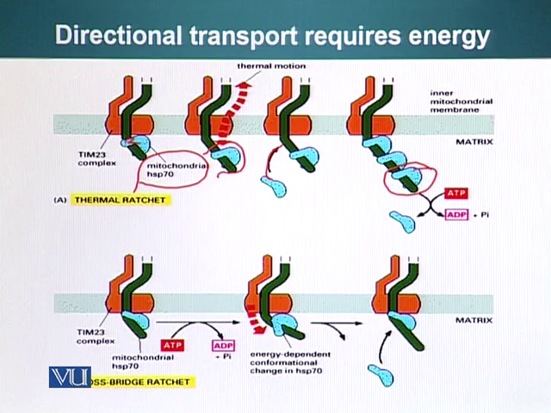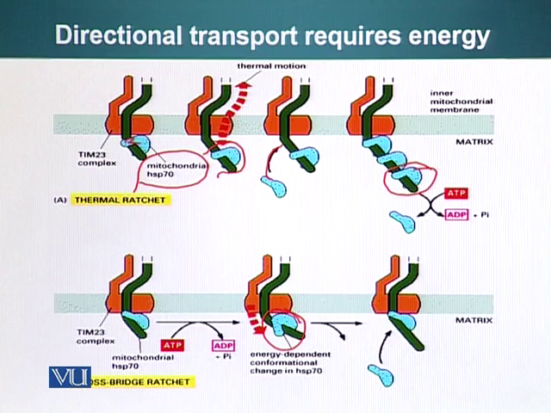Cross bridge ratchet works on a slightly different principle. The mitochondrial heat shock protein 70 binds the protein as it emerges from the TIM23 complex. It utilizes ATP energy, converts ATP into ADP, and in so doing, the conformation of HSP70 changes, and it basically tugs or pulls on this protein.